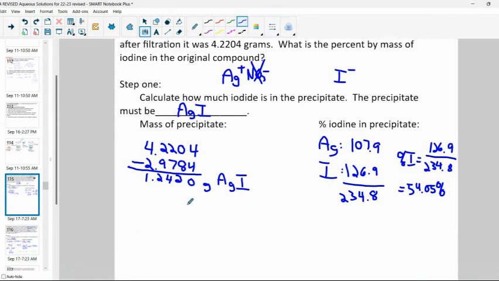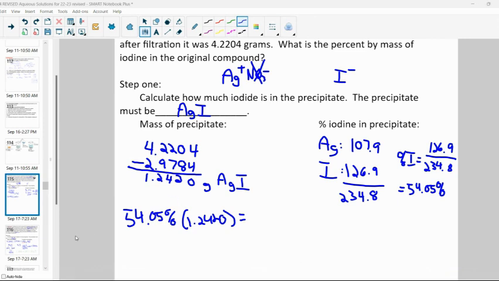So all I have to do is find out what 54% of 1.2420 grams is. So I'm going to multiply 54.05% times my 1.2420. And that's going to give me my mass of iodide in my silver iodide.